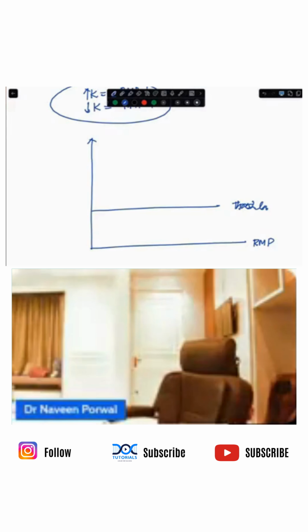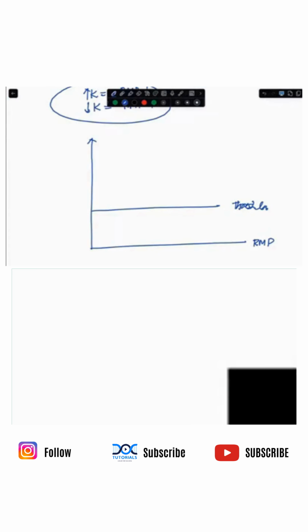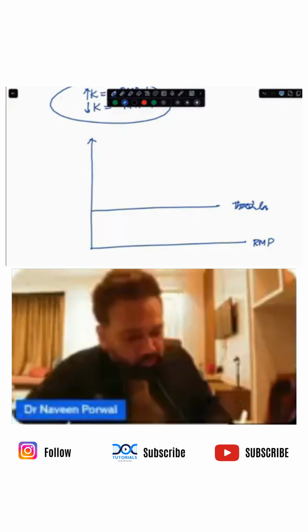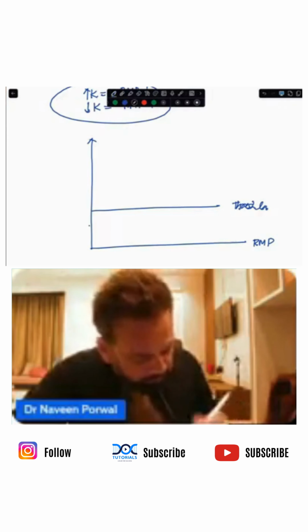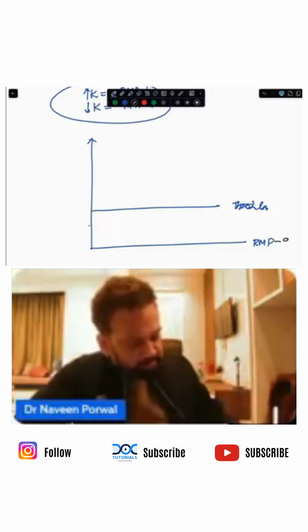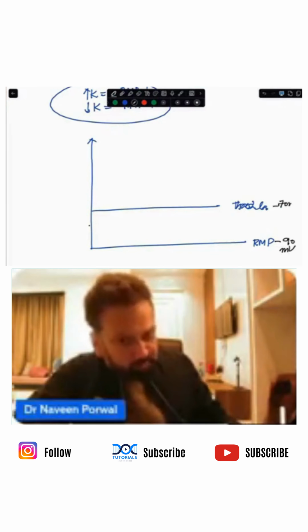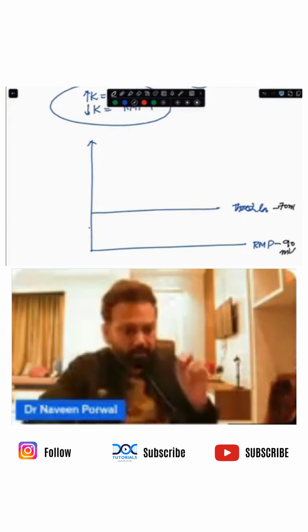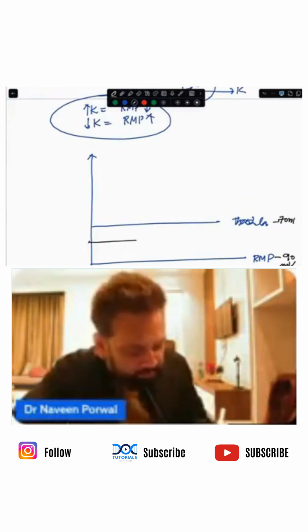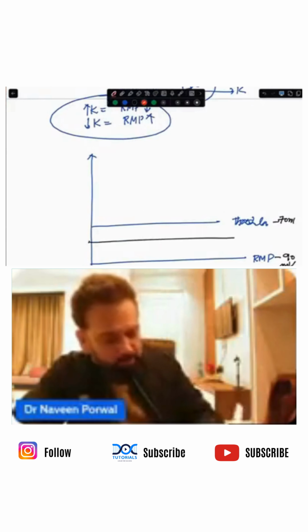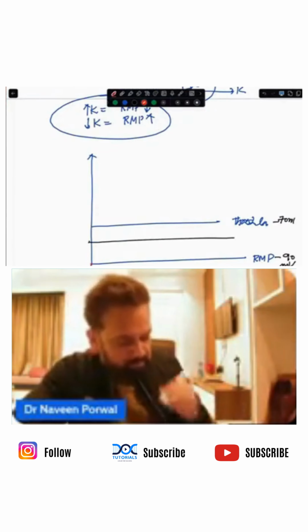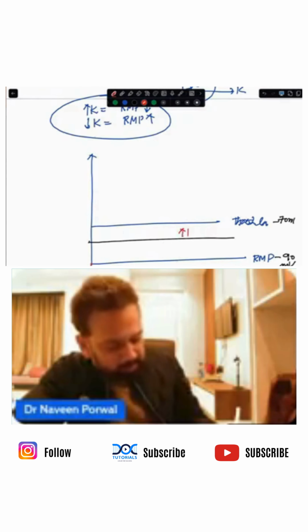Just a minute. So in hyperkalemia, what will happen? Suppose RMP is minus 90 millivolt and threshold is minus 70 millivolt. In hyperkalemia, RMP will decrease. In hypokalemia, RMP will increase. This is hyperkalemia. This is hypokalemia.